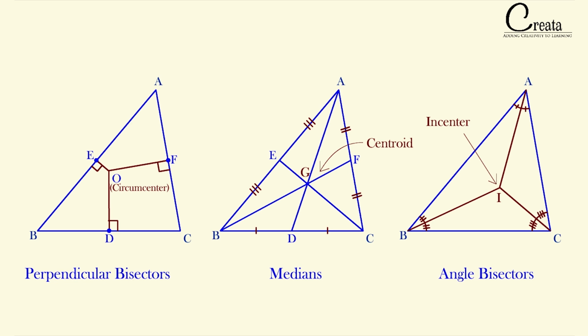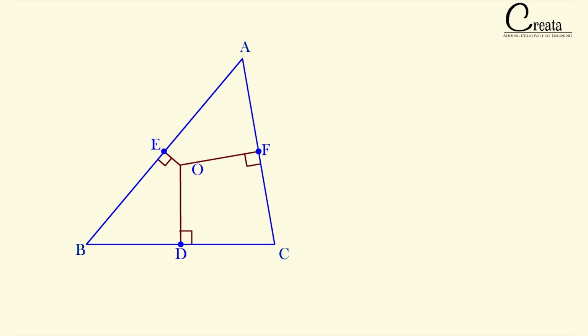So we can say centroid belongs to median, incenter belongs to the angle bisector and the circumcenter belongs to the perpendicular bisector. Got it? Side by side comparison of these three concepts is a must, otherwise you will be confused in this lecture series. Moving further, let's come back to the concept of perpendicular bisector.